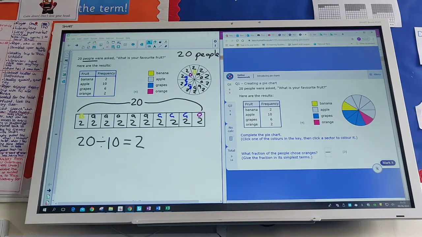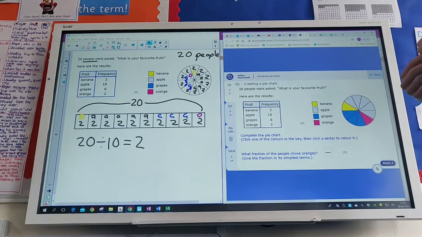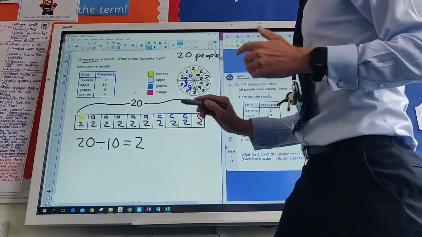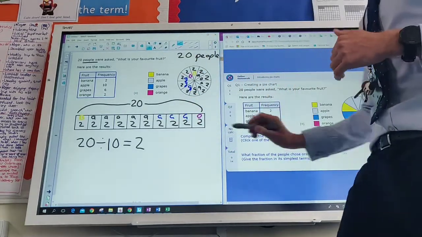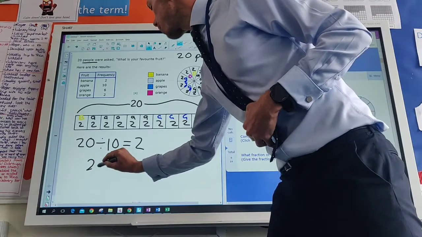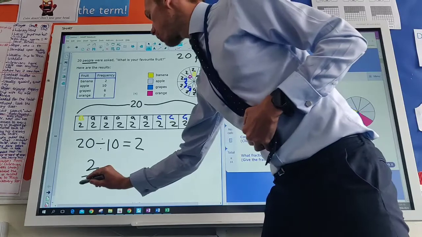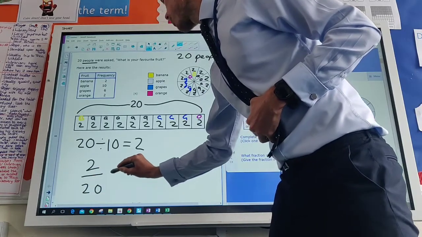Then it asks us here, what fraction of the people chose oranges? Well, we can just use our simplifying of fractions, which we've done before. 2 people said oranges out of a total of 20.